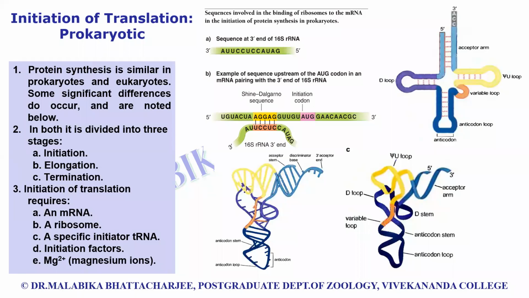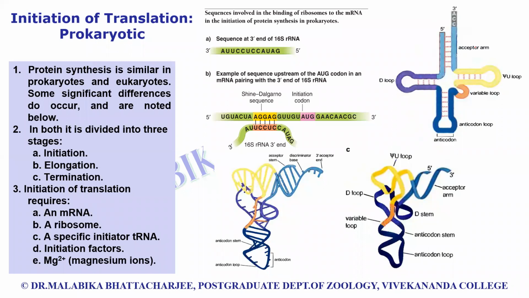So now we move on to the next important raw material, and one of the very essential counterparts of the translation machinery is the tRNA. The last day we did the mRNA, and we realized that the mRNA provides two important sequences to the ribosome. One is that the mRNA informs the ribosome where to start.